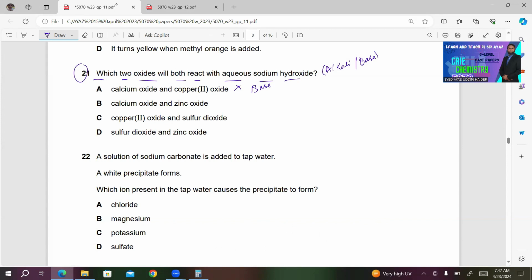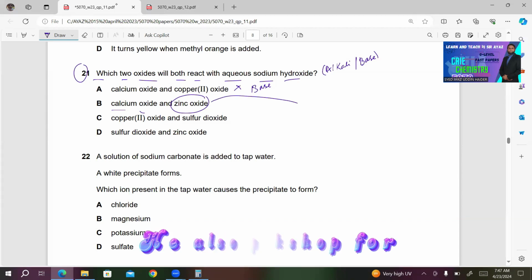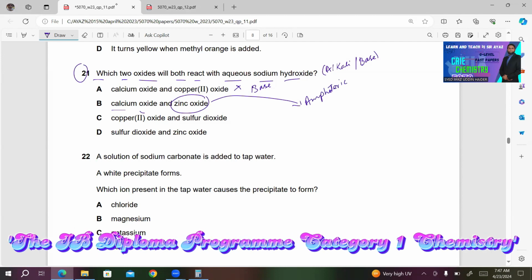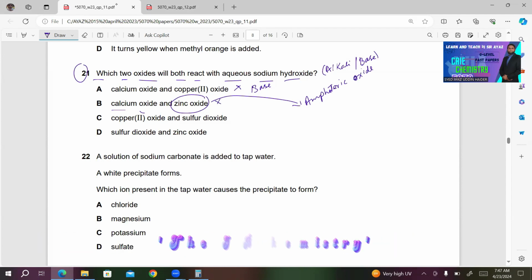B, calcium oxide and zinc oxide. Zinc oxide is amphoteric, but calcium oxide is base. It's not amphoteric oxide. Amphoteric oxides are those oxides which react with both acid and base, or acidic and basic oxide. So this choice is also incorrect.